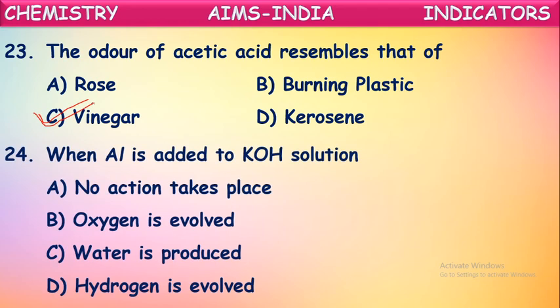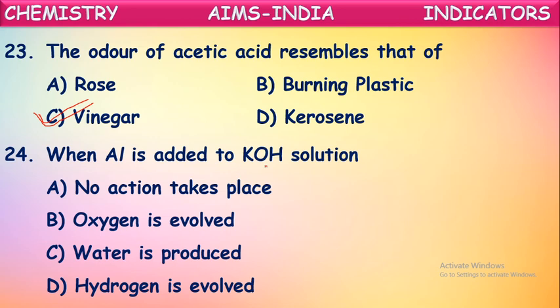Next, when aluminium is added to potassium hydroxide, which gas is evolved? We know aluminium on reaction with potassium hydroxide forms a metal salt called potassium aluminate. Along with that, hydrogen gas is evolved.